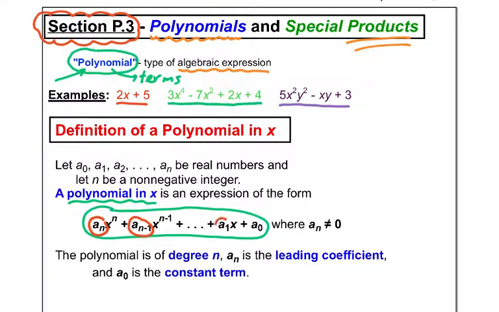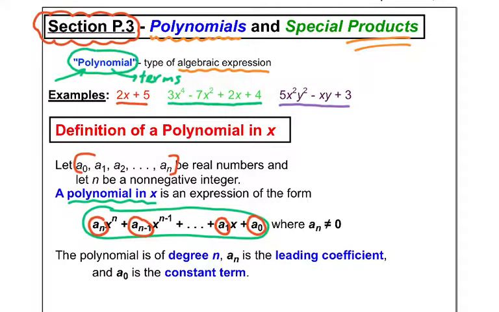The subscripts, a subscript n or n minus 1, all the way down to a subscript 1, just show that they are different numbers on different terms as we refer to them. But they're all real numbers, as you see up here. They go a sub n, a sub n minus 1, a sub n minus 2, all the way down to a sub 0. These are all just numbers.